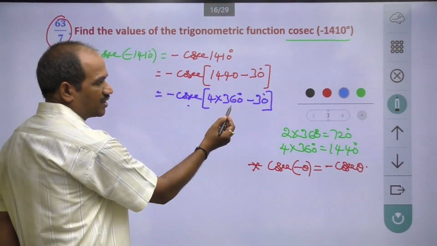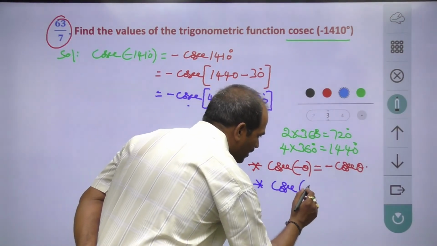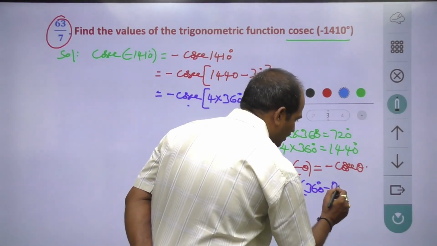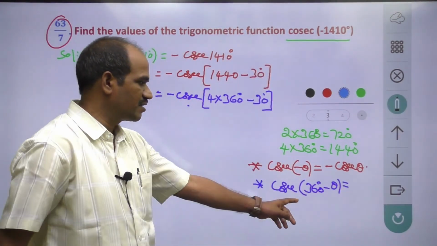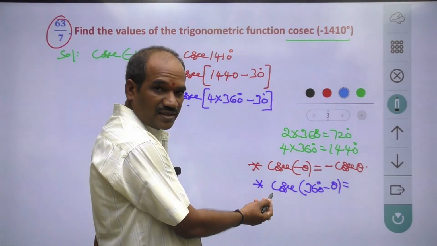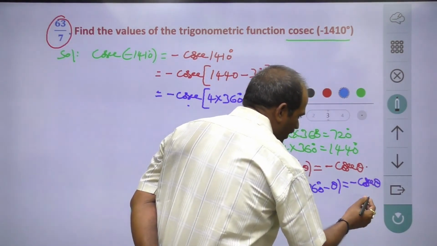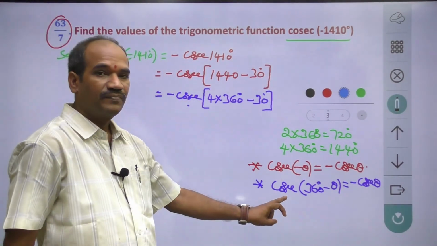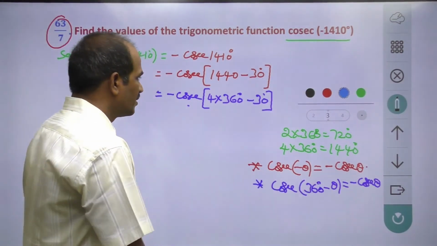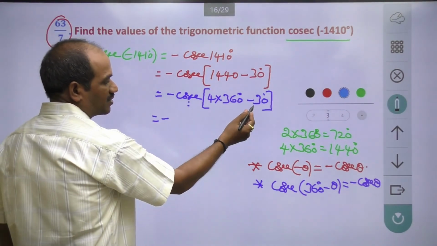See here the formula cosecant of 360 minus theta, where this is theta. 360 minus theta lies in the fourth quadrant, and in the fourth quadrant cosecant is negative. So the value is minus cosecant theta. Cosecant of 360 minus theta is minus cosecant theta. So that is equal to minus of minus cosecant theta.